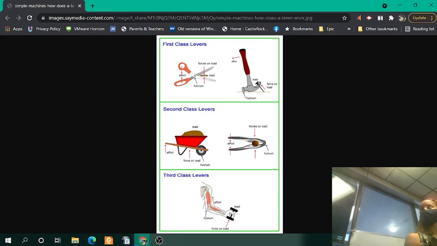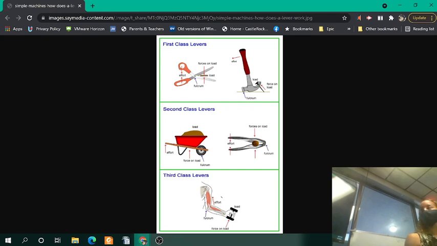Your fulcrum, the load or resistance from the nail, you put your effort up here in between. See, in between the fulcrum and the load or resistance. Same thing with the scissors. You have the fulcrum. This is going to resist. Let's say this is a piece of wood you're trying to cut. Your effort is here.